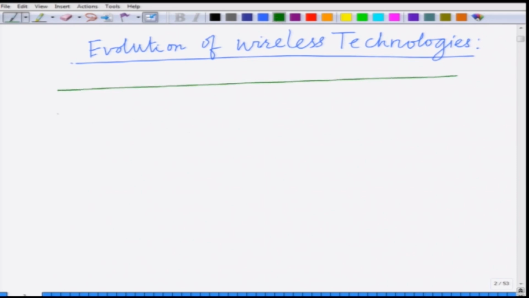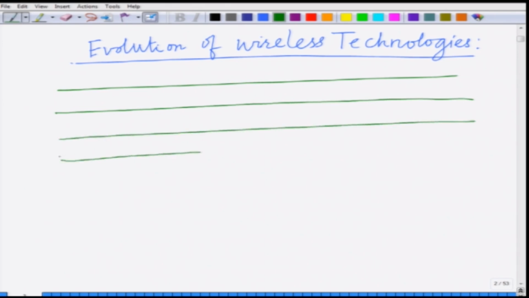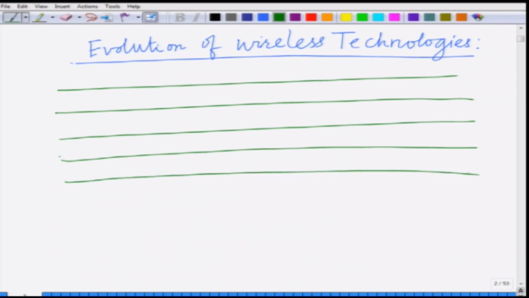Let us start with our basic second generation wireless technologies. So we have 2G, where 2G represents second generation, and one of the fundamental technologies of 2G is GSM. I am going to explain these acronyms shortly.